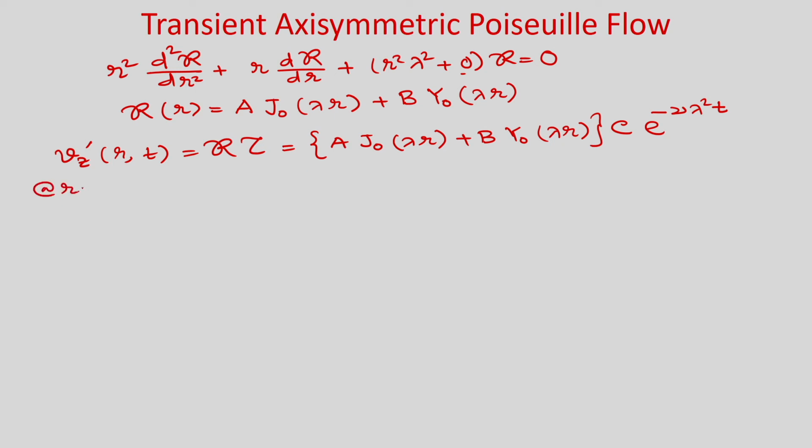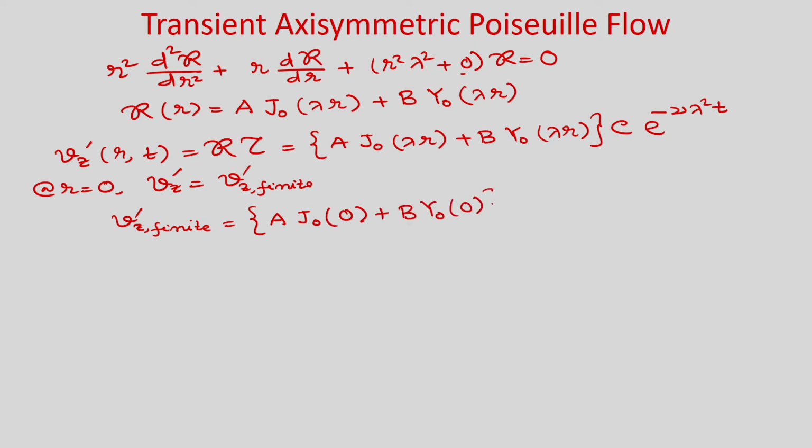So, we know at r is equal to 0, v_z prime is finite. So, this should have a finite value. If you apply here, the left hand side will be the finite value v_z, but in the right hand side the first term you can see a J0(0) plus b Y0(0), into c e to the power minus nu lambda square t. We have seen that the value of Y0 at 0 is infinity, right.